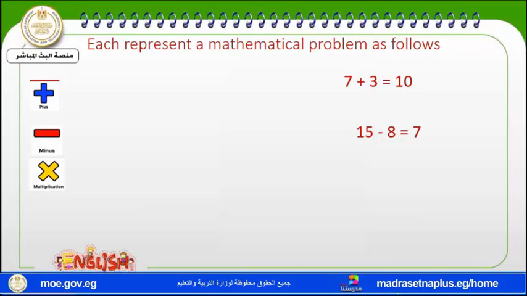The third one is the multiply or multiplication sign, which means that if you multiply 4 by 5, you get 20. The last one is the division sign, which means that if we divide 16 by 4, we will have 4. These were the mathematical signs for today.